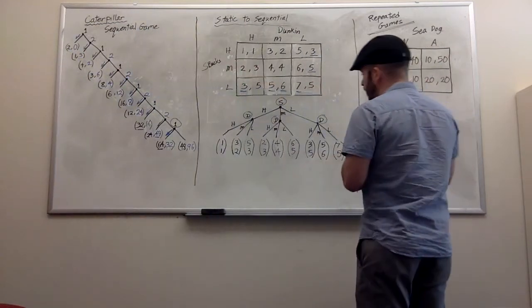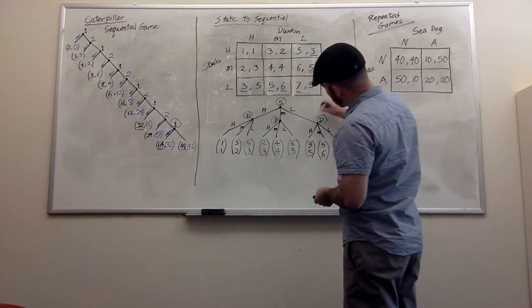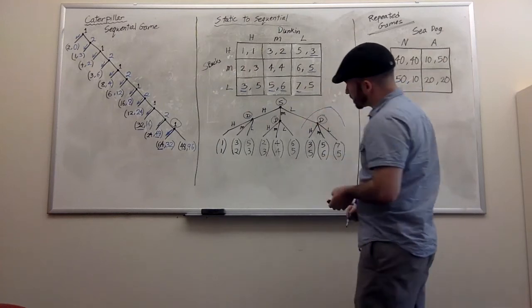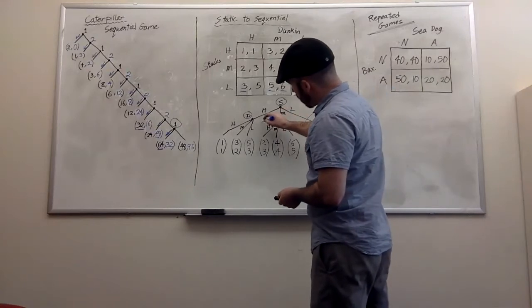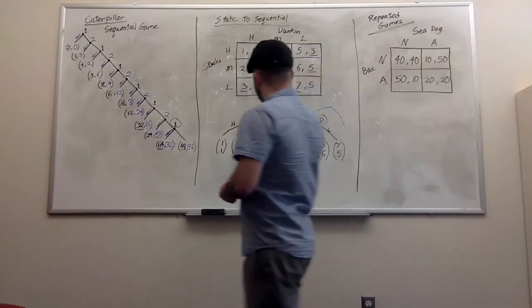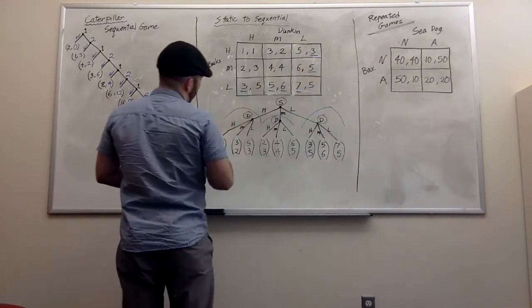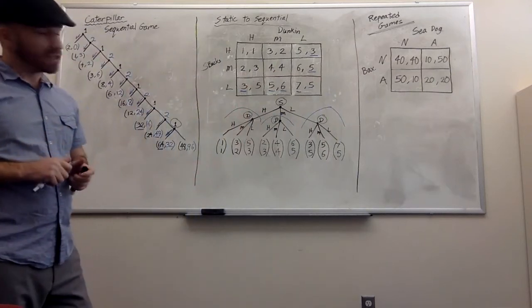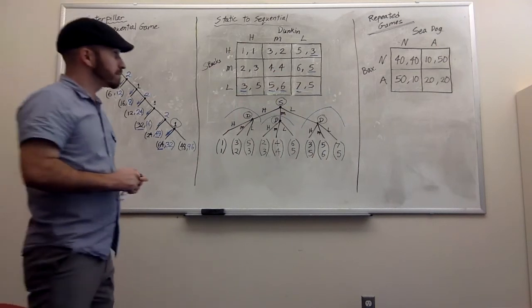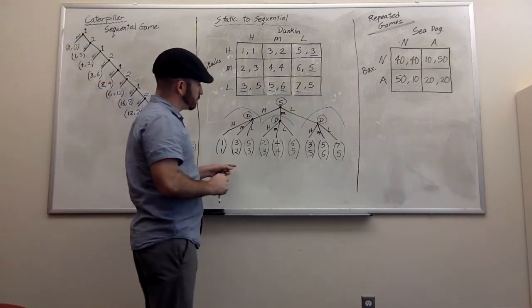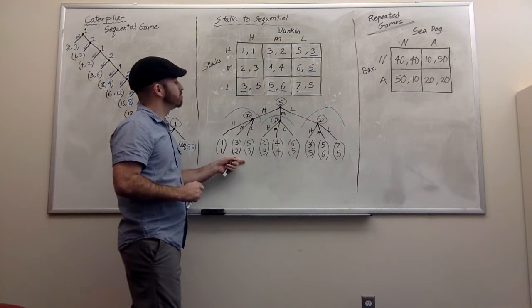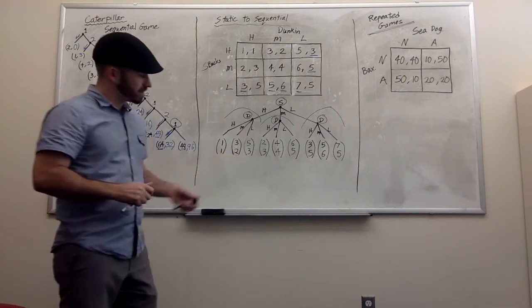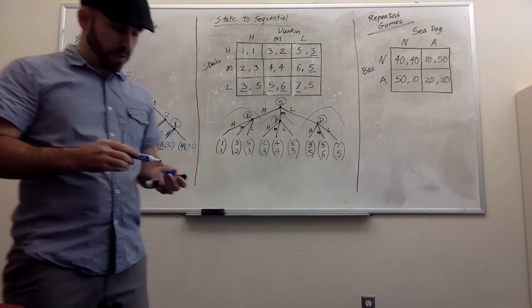So our Nash equilibrium concept here is going to be to look at each of the sub-games, right? And decide what the optimal strategy is, or the best response / dominant strategy in just that individual sub-game, right?